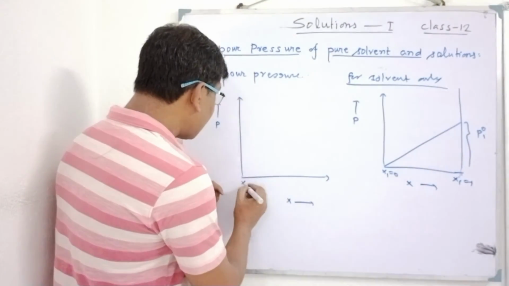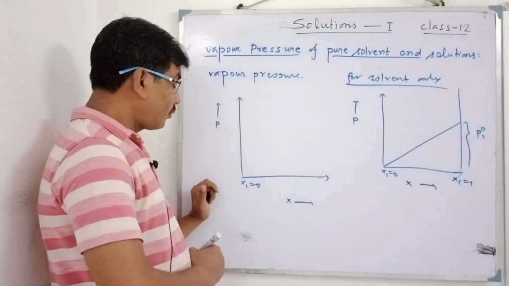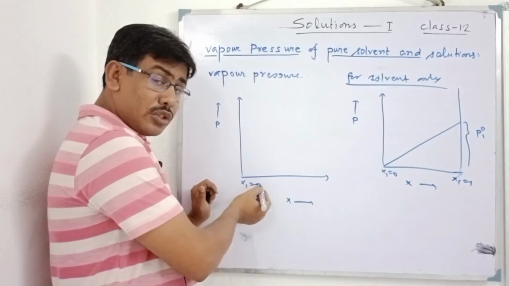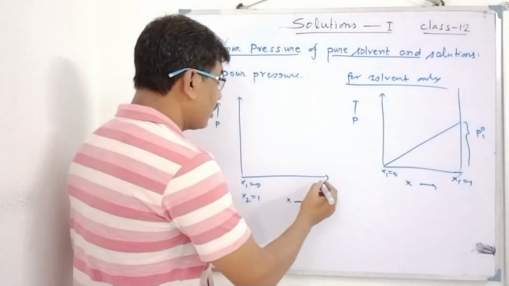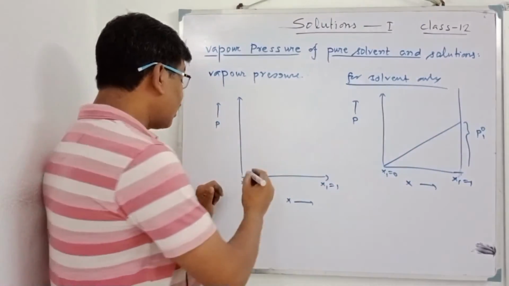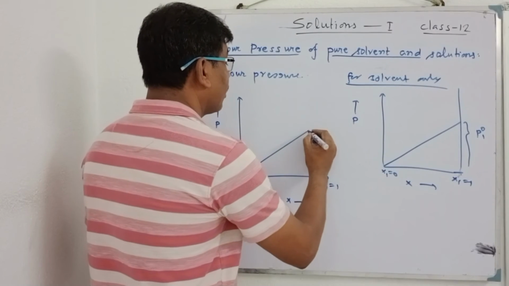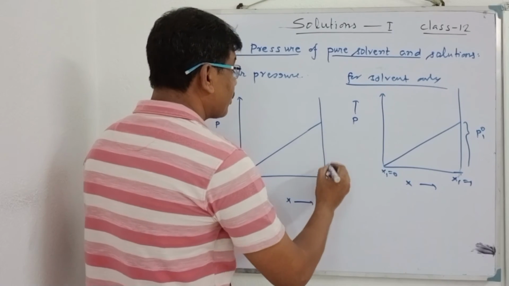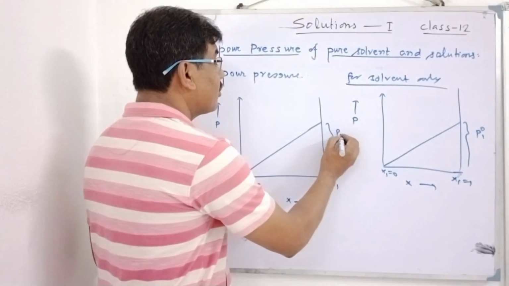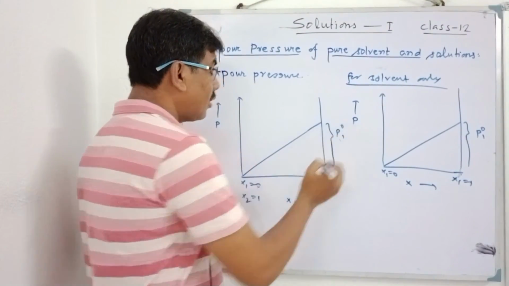If you increase x1 from 0 to 1, the vapor pressure of pure solvent becomes P01.